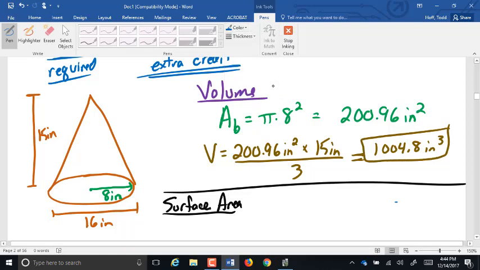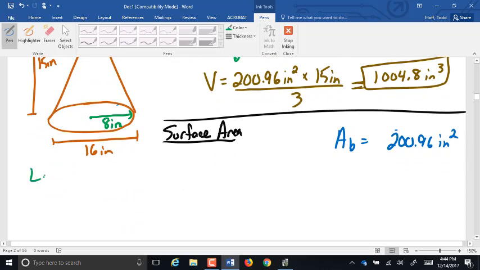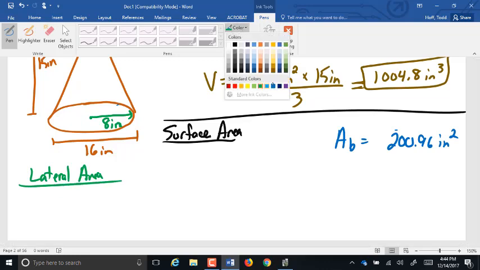For surface area, we still need the area of the base. There's only one because there's just the one on the bottom. There is not a top base to this. Combined with the area of the base, we need the lateral area. For the lateral area, we need 2 pieces of information.